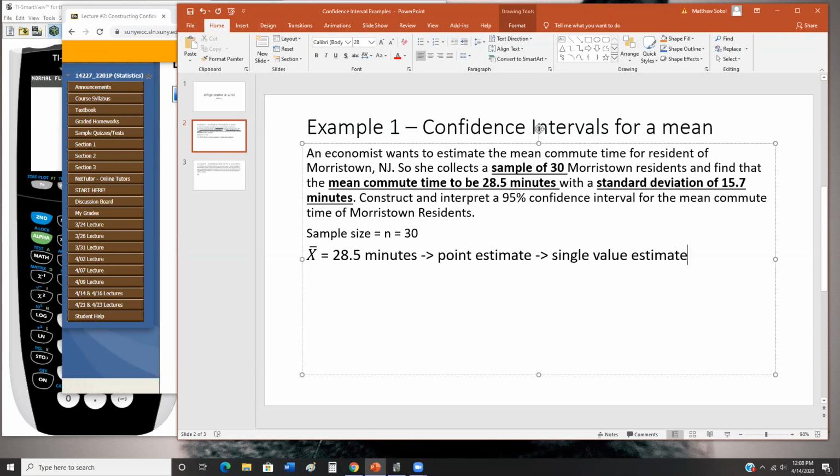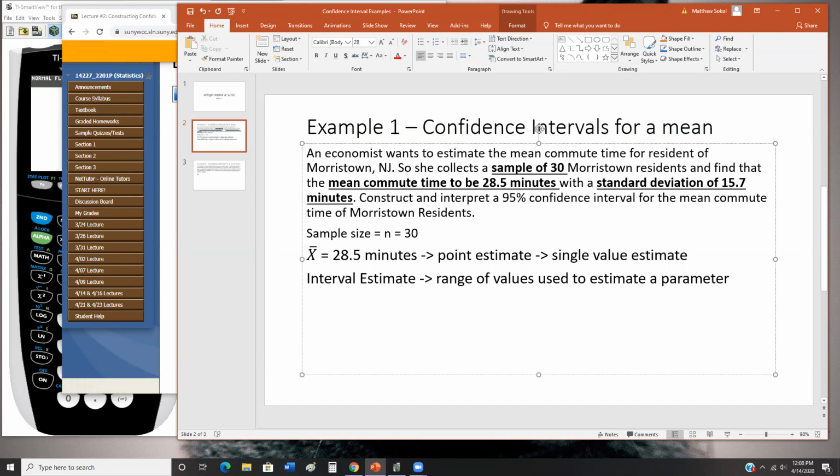So what they do is they introduce in statistics something called an interval estimate, okay? And all an interval estimate is is a range of values used to estimate a parameter, okay? So like a population mean. So the way we do them is we construct what are called confidence intervals, okay?